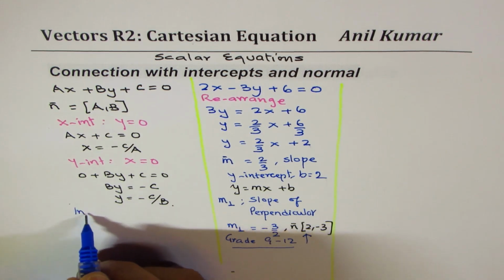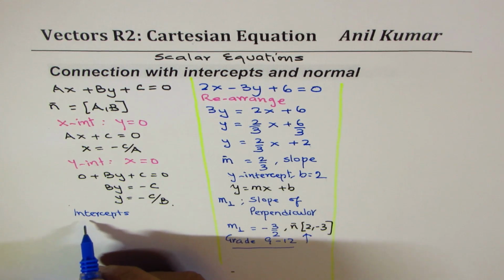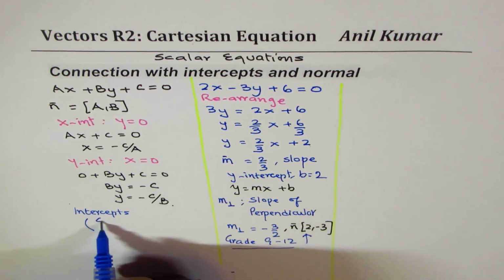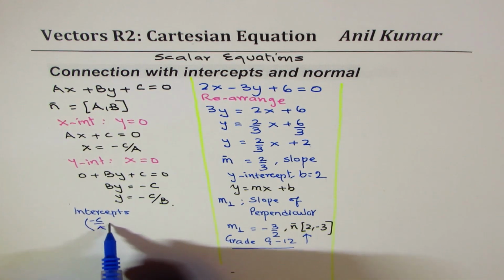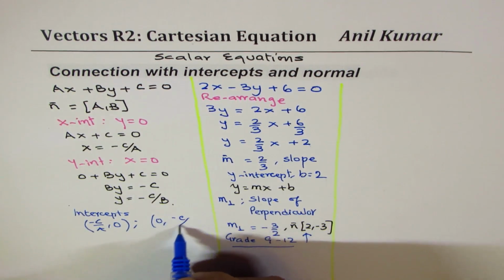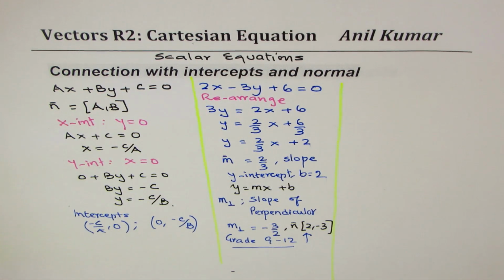So we can write intercepts as: x-intercept will be the point (minus c over a, 0), and the y-intercept will be minus c over b. Is it okay? So from this kind of an equation, which is in vector form, we can get normal as well as the intercepts, right?